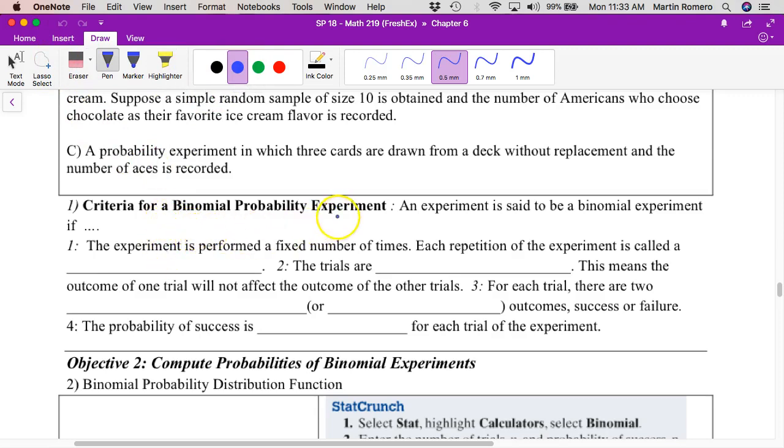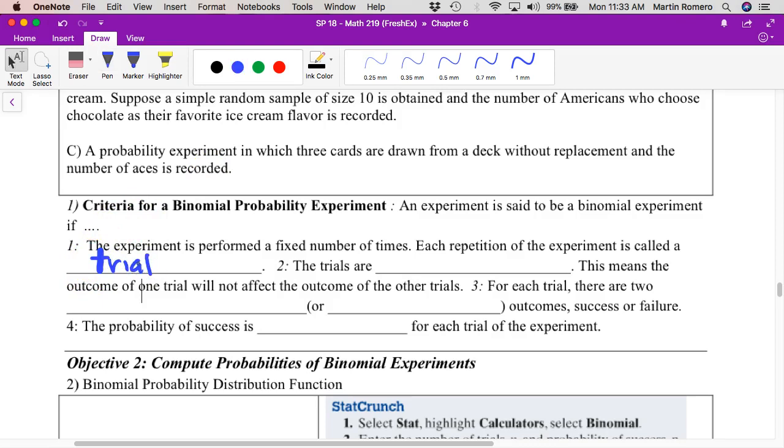An experiment is said to be a binomial probability experiment if the experiment is performed a fixed number of times. That means a finite number of times. Each repetition of the experiment is called a trial. We've used these terms before.